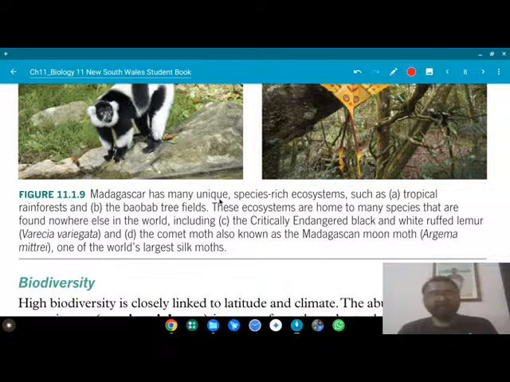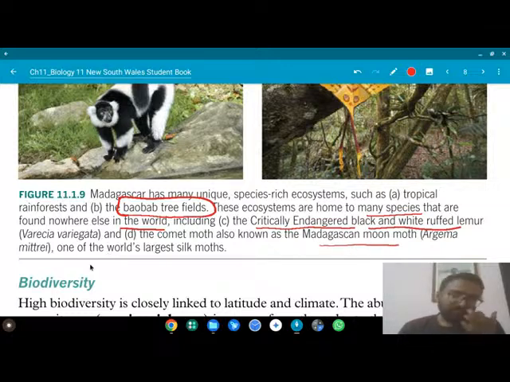So Madagascar has many unique, species-rich ecosystems such as tropical rainforest and baobab tree fields. This is a baobab tree field. These ecosystems are home to many species that are found nowhere else in the world, including the critically endangered black and white ruffed lemur and the comet moth, also known as the Madagascar moon moth, one of the world's largest silk moths.